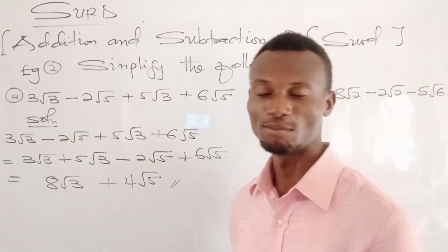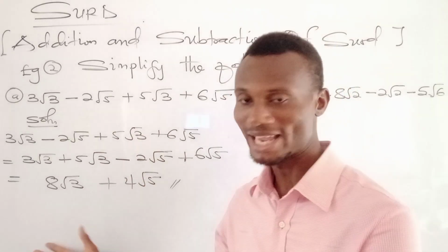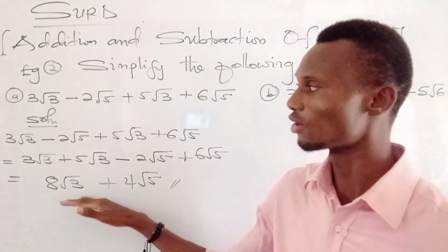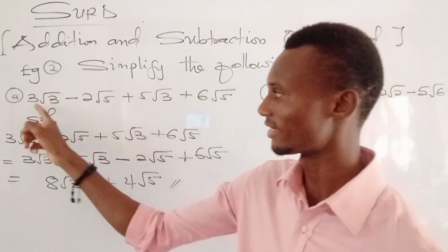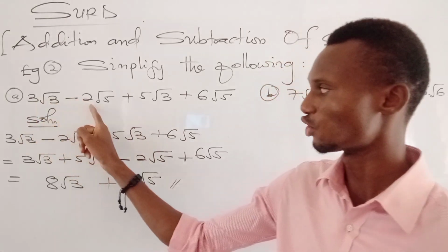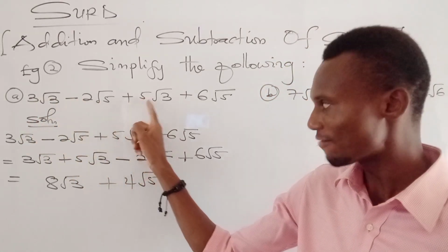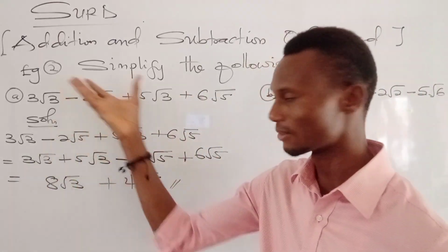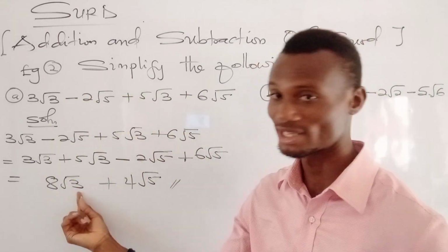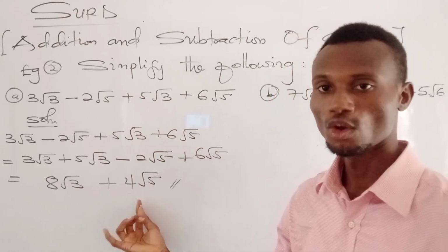They are not like terms, so we cannot simplify further. We can't add them. So this becomes your final answer for simplifying this on the board, which is 3 root 3 minus 2 root 5 plus 5 root 3 plus 6 root 5. The final answer for simplifying it is 8 root 3 plus 4 root 5.